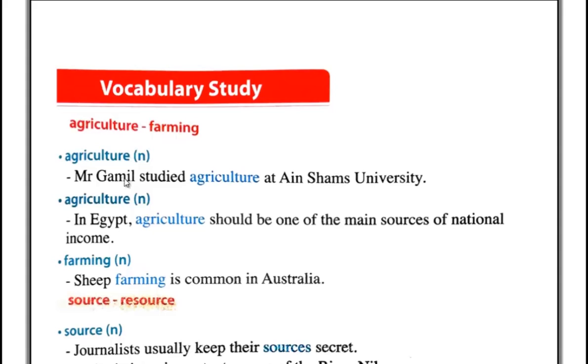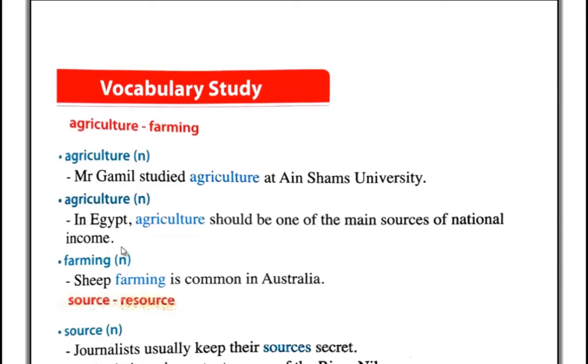Mr. Gamil studied agriculture as a science at Ain Shams University. Agriculture also here, in Egypt, agriculture, farming or cultivating land, planting crops, should be one of the main sources of national income. Okay, this is a science, and here it means farming or planting crops.